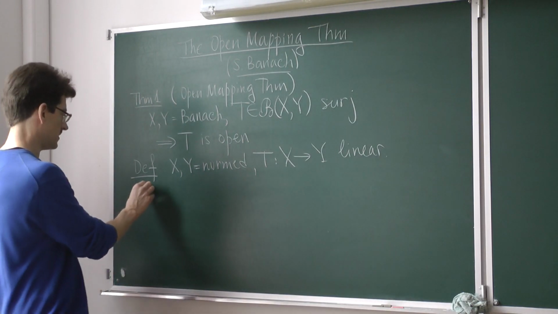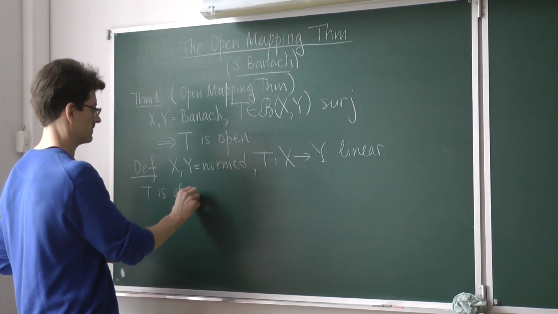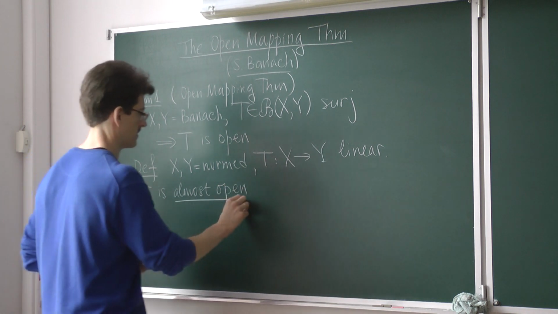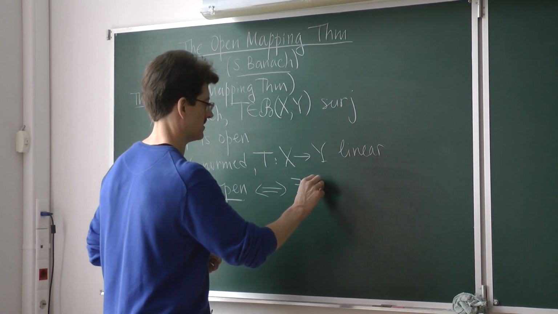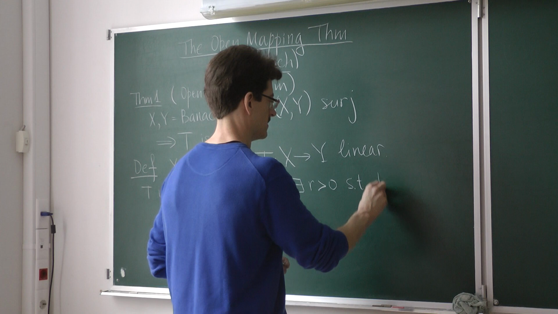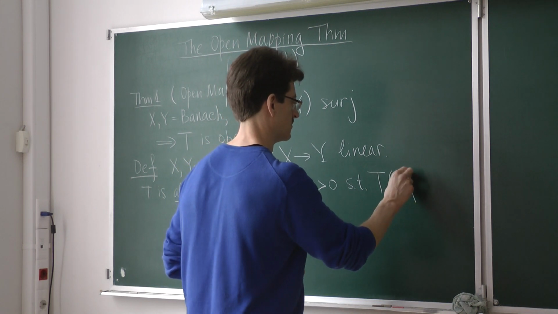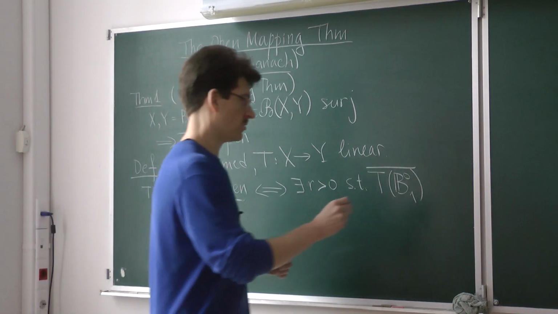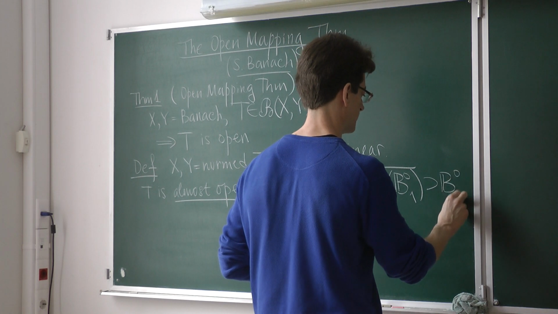We say that T is almost open if there exists a positive number R such that the closure of the image of the open unit ball of X contains the open ball of radius R.